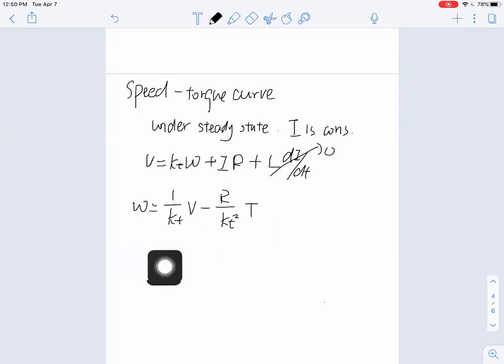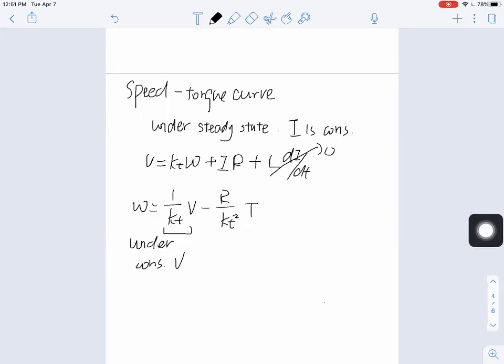If we look at this expression under constant voltage, since we always want to run our motor at a constant voltage, this term goes to a constant that doesn't change. So we're left with omega, which is the angular velocity, and this R over KT squared times torque term.